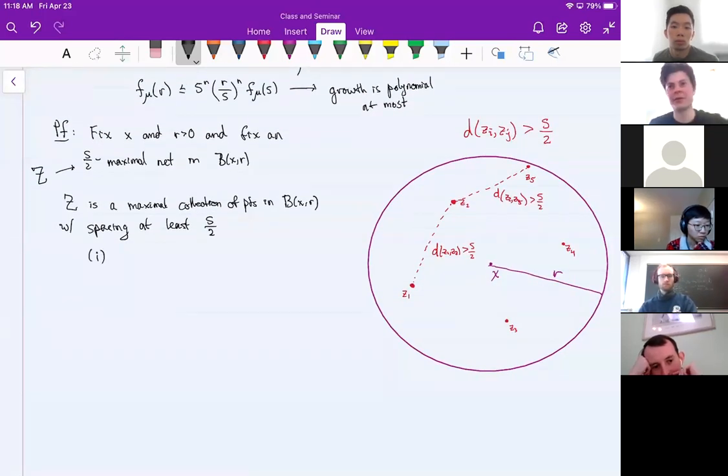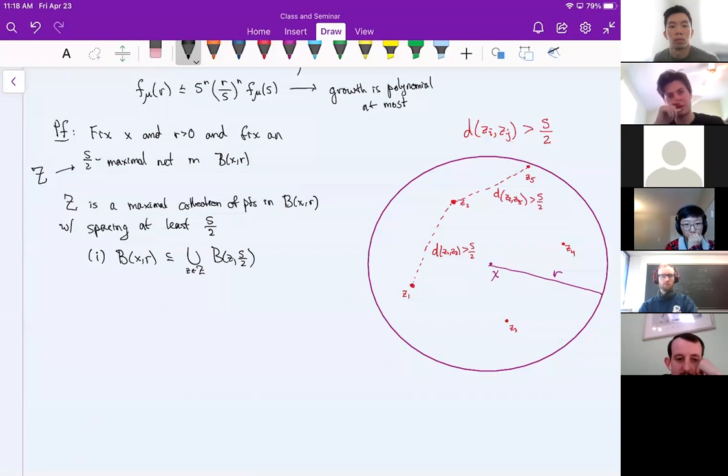Given the set, there are two observations that you can immediately make. One is that the ball of radius r is contained in the union of the balls centered at each of these points of radius s/2. Okay, and the easiest way to see this is to think, if this ball wasn't contained in this union, then there would exist some point in the ball not in that union.